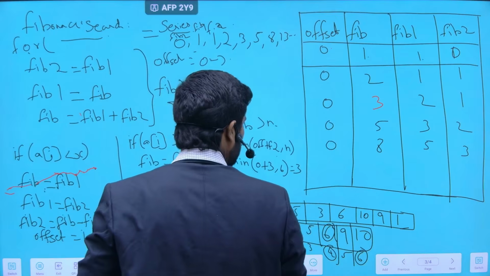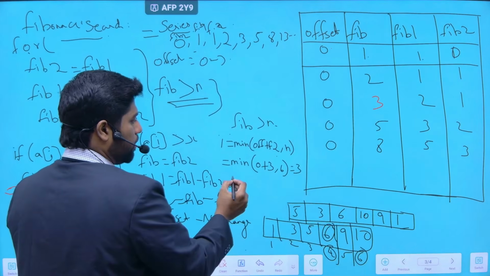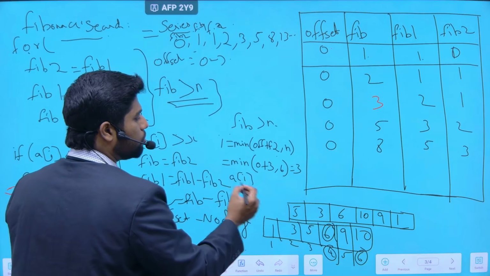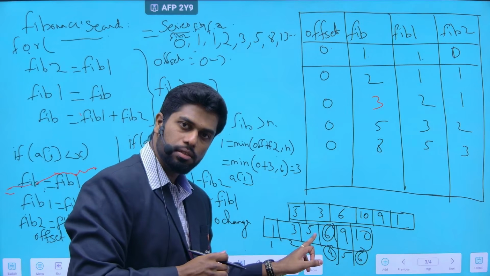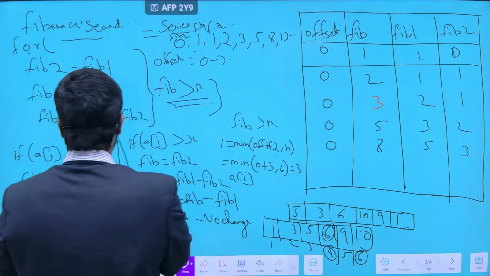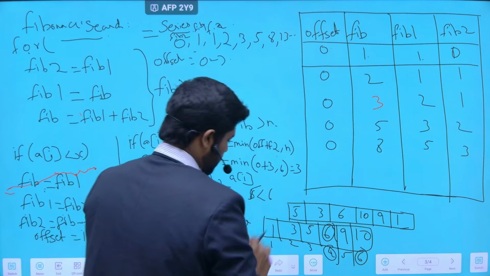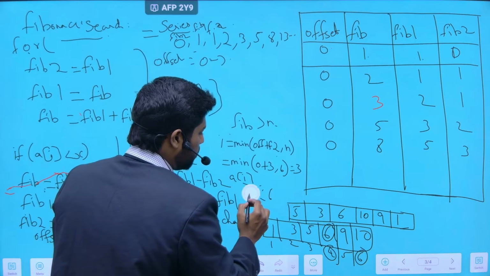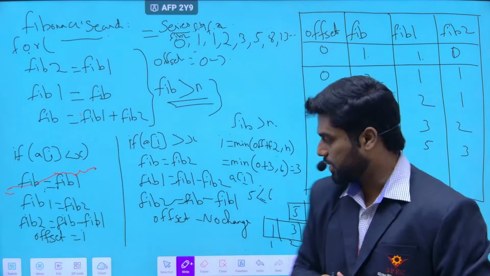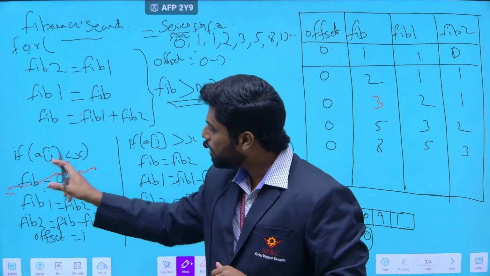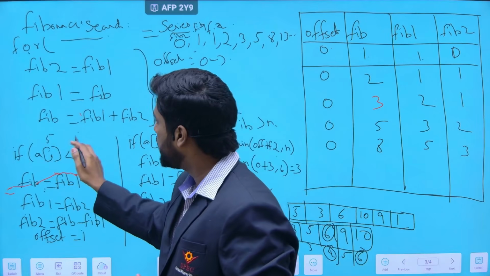Now go for A of i. A of i is 5. So 5 is less than 6. Our key is x, A of i is 5 and the key is 6.